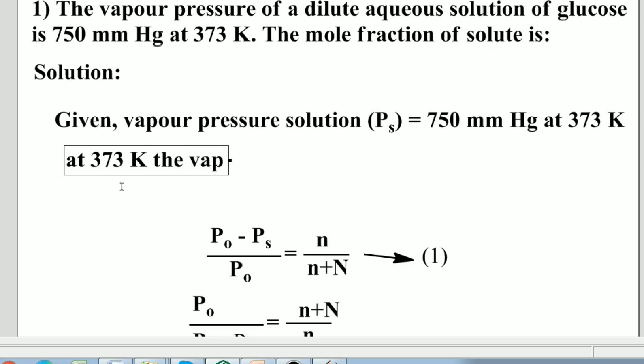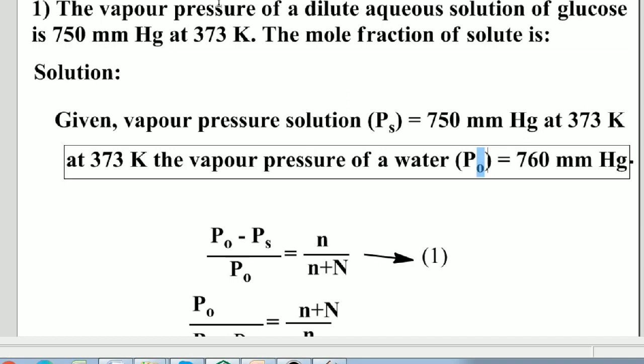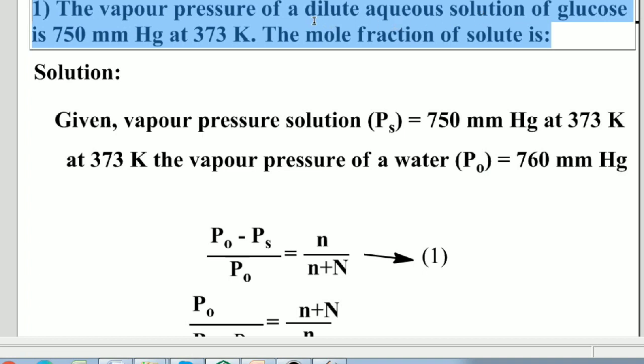So students, we know that at 373 Kelvin, the vapor pressure of water is equal to 760 mm of Hg. This is the vapor pressure of the pure solvent, that is nothing but water. It should be denoted with P0. Students, in this problem, it is a dilute aqueous solution, so water is the solvent.